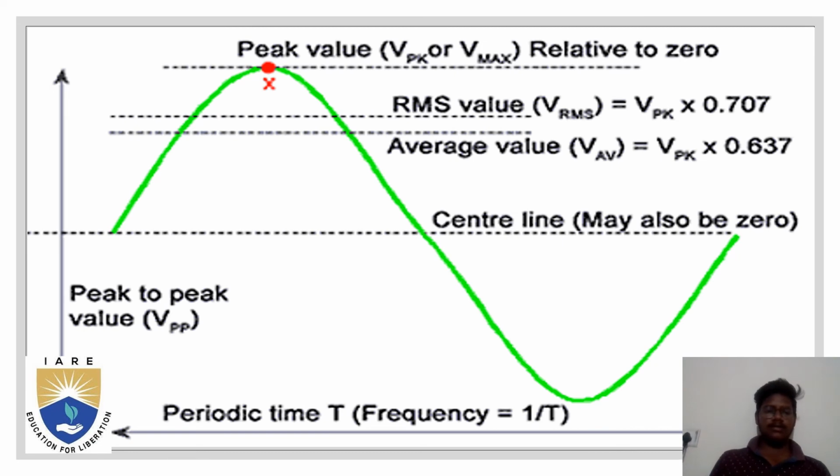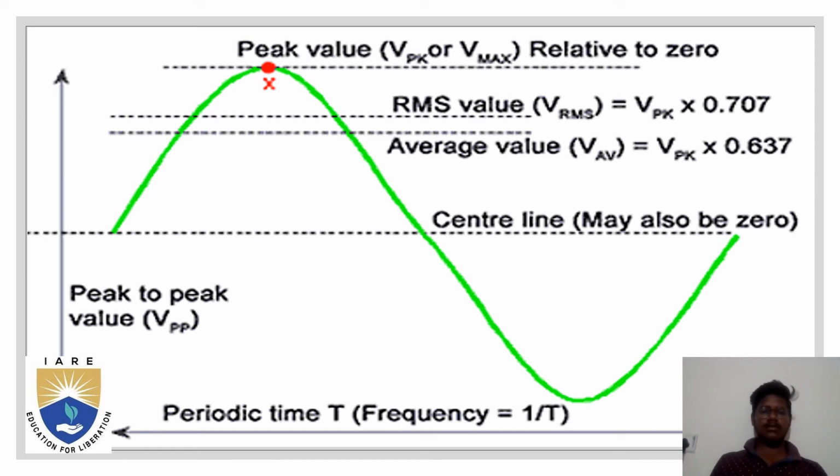Here in this graph you can see the peak-to-peak value versus periodic time, and the frequency is 1 by periodic time. Here we can see the sinusoidal wave on the graph.